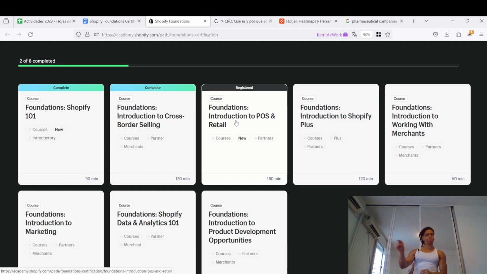I can apply this to all four of these aspects because of course I want to know how I can earn revenue from Shopify POS, as well as teach my audience. Why? Because right now I'm building my personal brand, and I'm not only going to sell a service, but also teach them how to use Shopify depending on their needs.